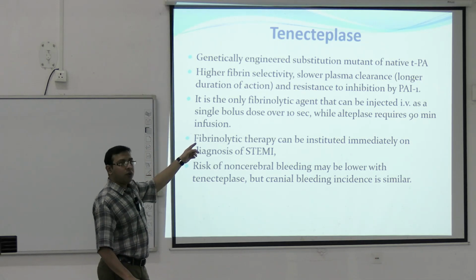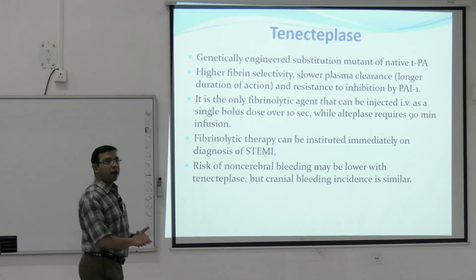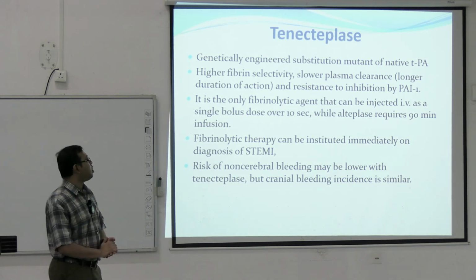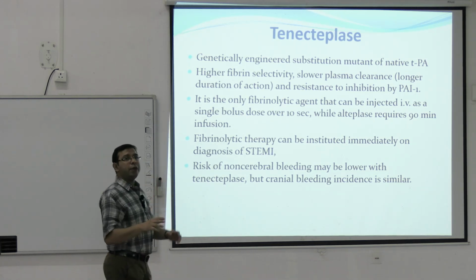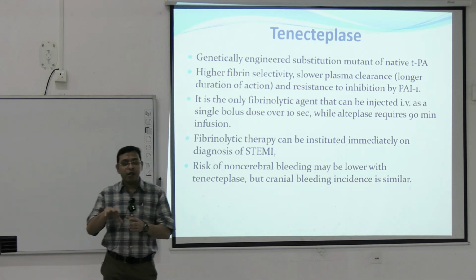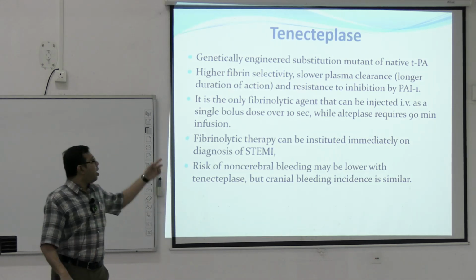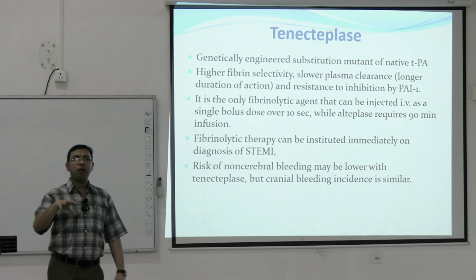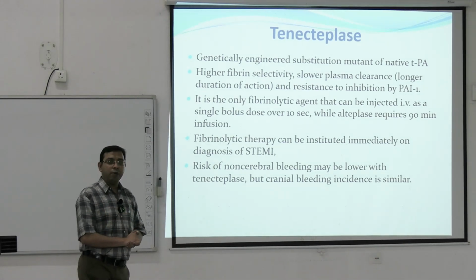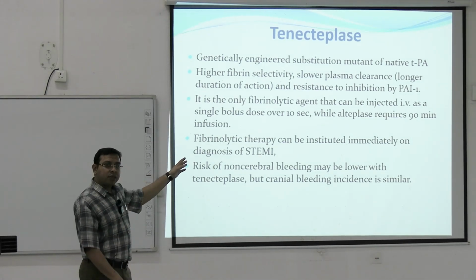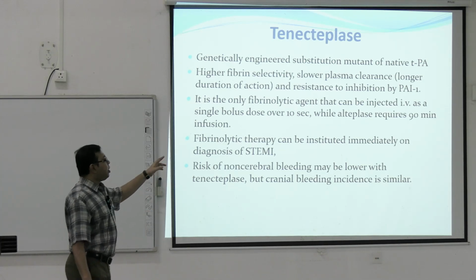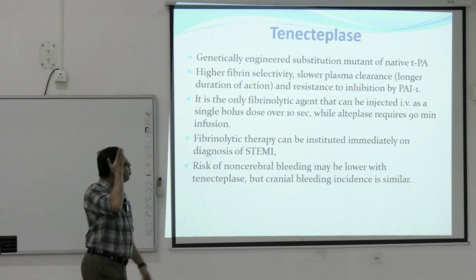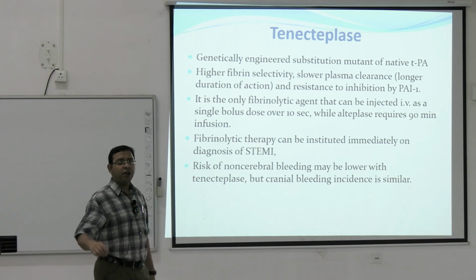It is a genetically engineered substituted mutant of the native tissue plasminogen activator, with very high fibrin specificity, and resistant to inhibition by other proteins present in the plasma, like plasminogen activator inhibitor 1. They can be injected IV as a single bolus dose over 10 seconds, while Alteplase requires approximately 90 minutes of infusion.